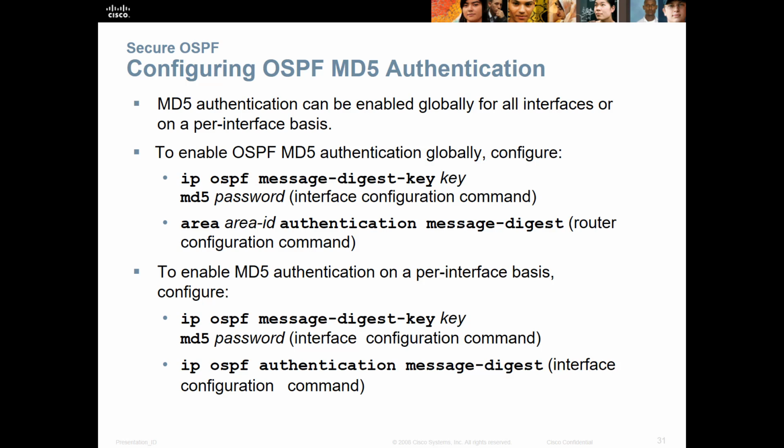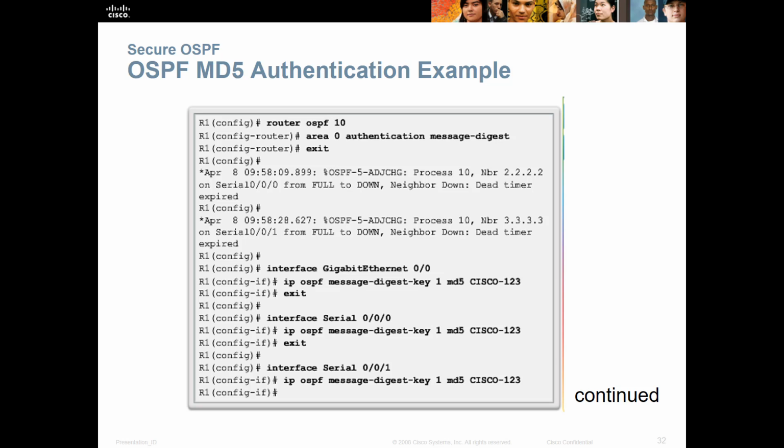So to enable MD5 authentication on a per interface basis, we would do IP OSPF message digest key. Again, the same thing, but at the interface command. So let's go ahead and look at this in context. First of all, we're enabling authentication using message digest for area 0. So router OSPF, the process ID, area 0 authentication will use MD. So that turns on authentication MD for area 0.